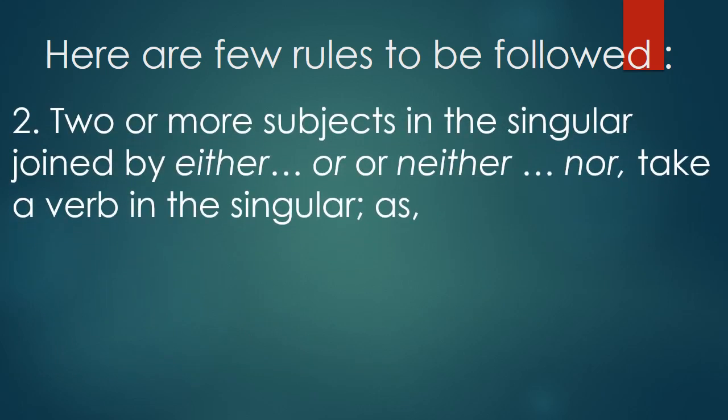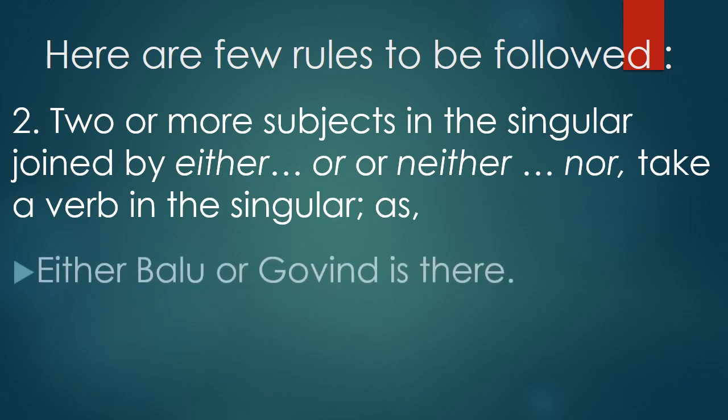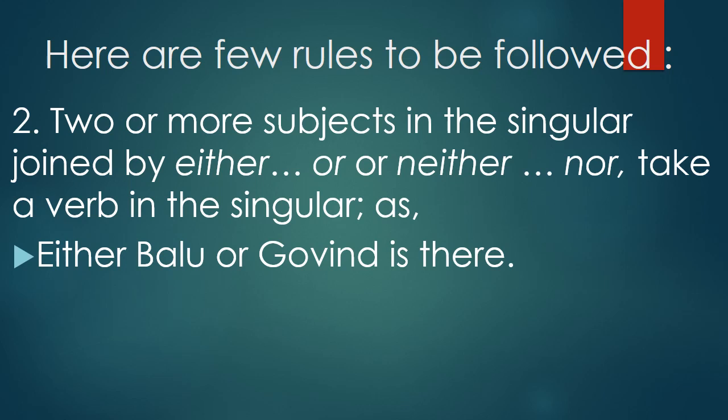Number 2. Two or more subjects in the singular joined by either, or, neither, nor take a verb in the singular. For example, either Balu or Govind is there. Because we are talking about either Balu or Govind, means one of these two is there.